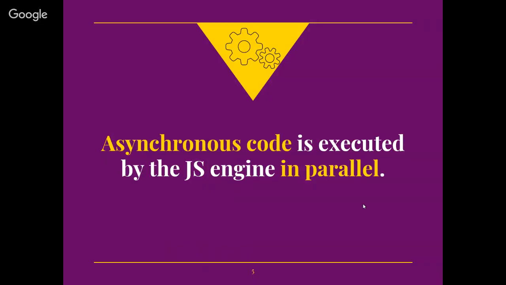Asynchronous code, on the other hand, is executed by JavaScript in parallel. This means that we have multiple threads on which our code can run. Remember, synchronous code is run on a single thread. If we write asynchronous code, we can execute multiple functions at once.